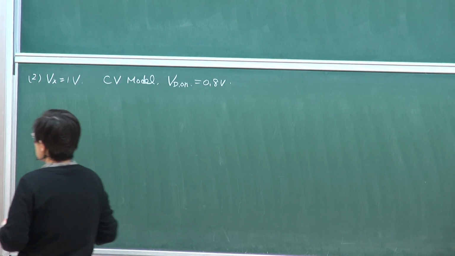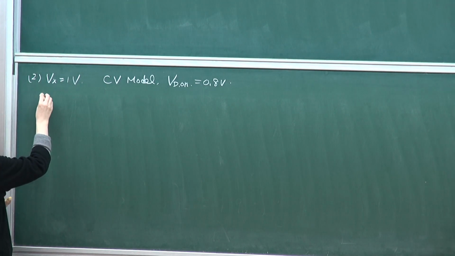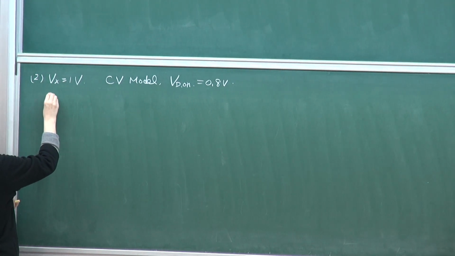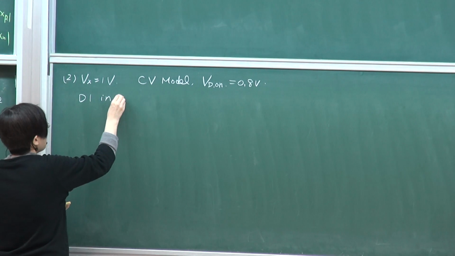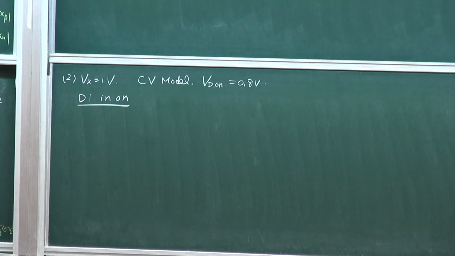So we're going to also do this analysis. It will be much easier without this complicated nonlinear equation. You start by assuming, we know that the device is turned on, D1 is on in this circuit, in this setting when Vx equals 1.